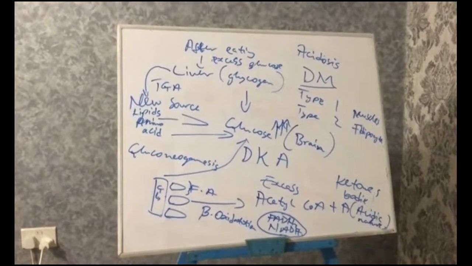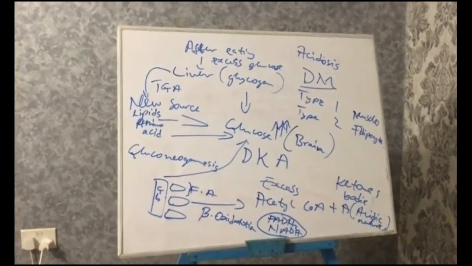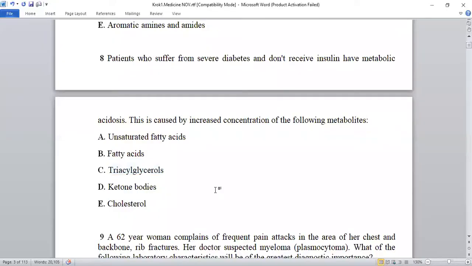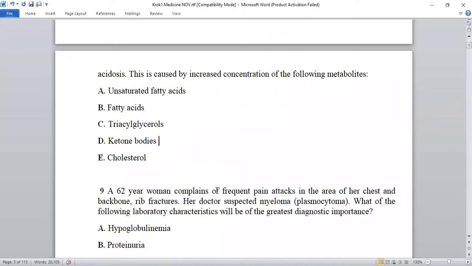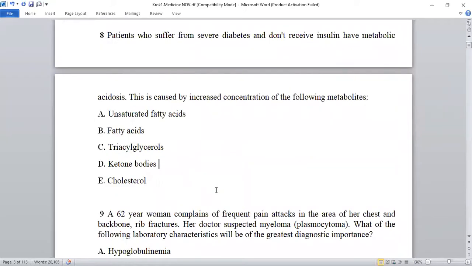So, where is the question? Patients who suffer from severe diabetes and don't receive insulin after metabolic acidosis have metabolic acidosis. This is caused by increased concentration of the following metabolites, and the answer is going to be D, ketone bodies.